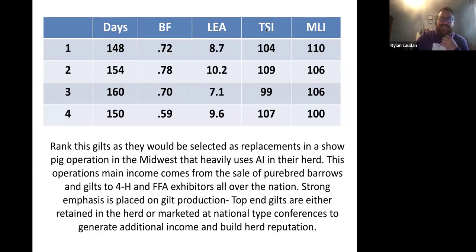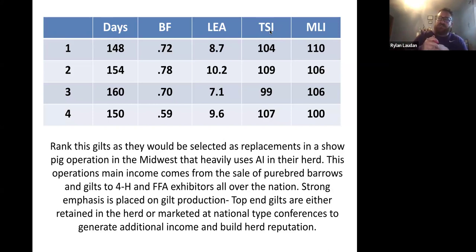Then I talk about TSI, all right? We've got 2 big words we talk about in the livestock industry. We've got terminal, which refers to the sire or the dad. And then we have maternal, which refers to the mother, the dam. So we've got TSI, terminal sire index.